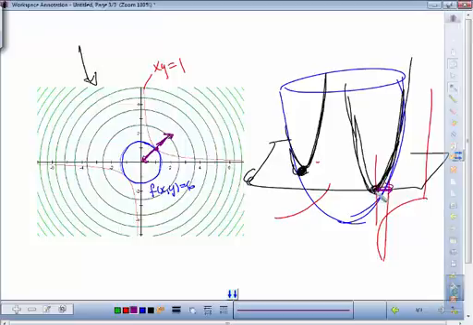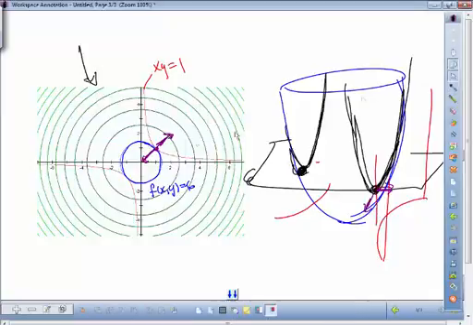If you're on this bowl and you go in towards the center, then you're going to go down. So remember that the gradient is the maximum increase, so you want to go up. So the gradient for this example goes outward.